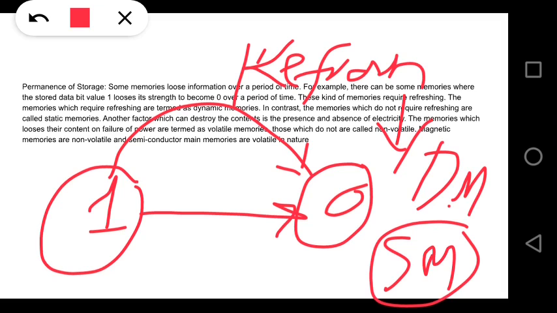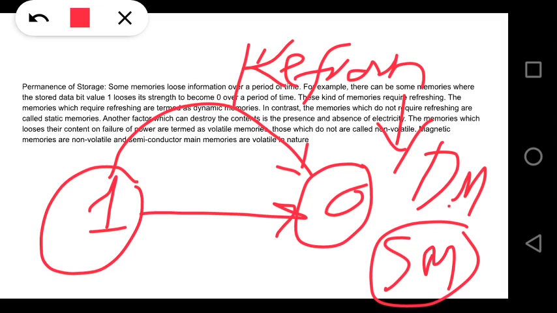Another factor which can destroy the contents is the presence or absence of electricity. Memories that lose their content on failure of power are termed volatile memories. Those which do not are called non-volatile. Magnetic memories are non-volatile and semiconductor main memories are volatile in nature.